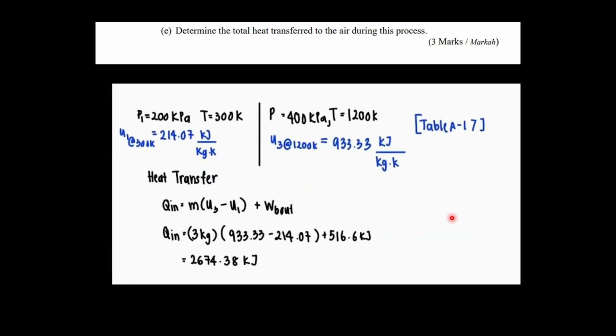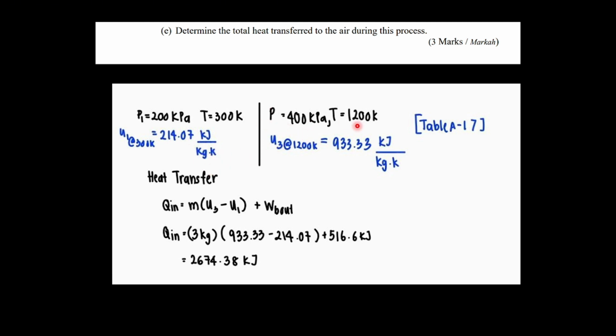Next, determine the total heat transfer to the air during the process. To find the total heat transfer, we have to find the internal energy. At 300 Kelvin, referring to table A17, U is 214.07 kilojoule per kilogram.